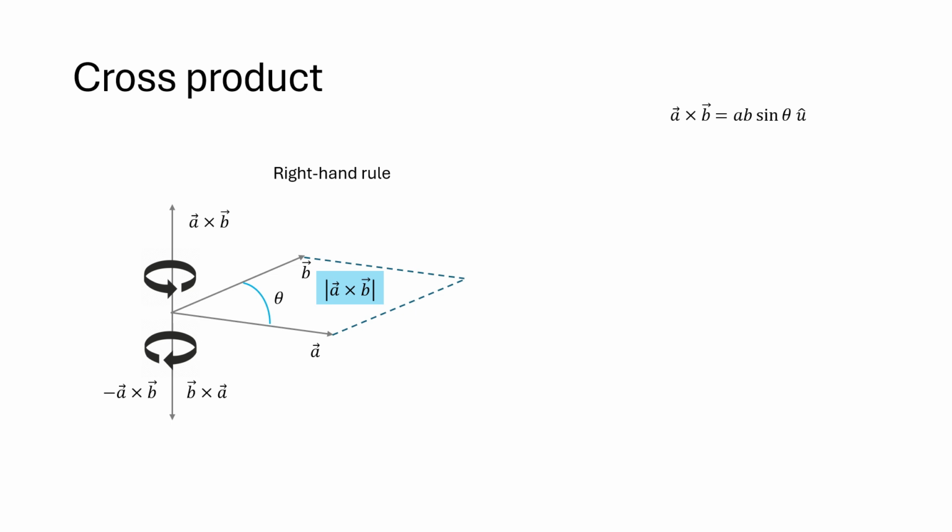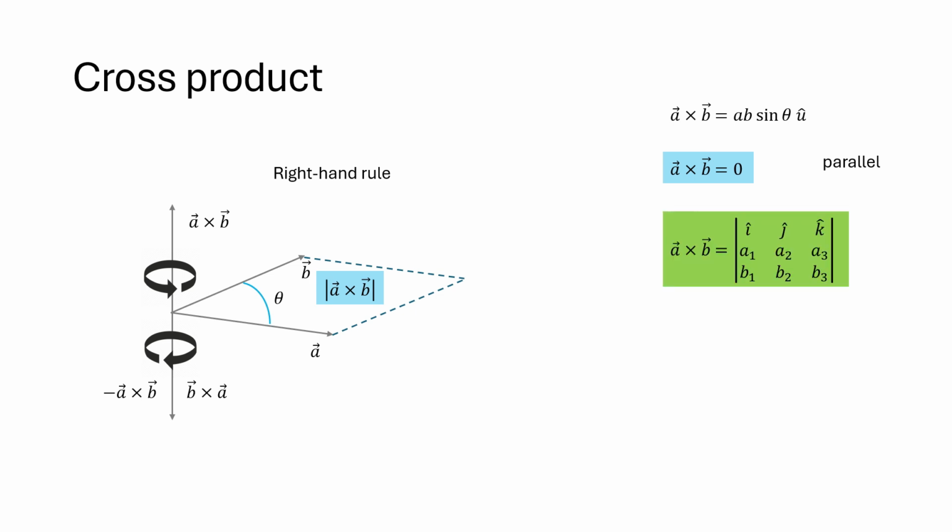This also tells us that when theta is 0, or when the vectors are parallel, their cross product becomes 0. Another way of writing the cross product is as follows. We can also write the cross product in this form.